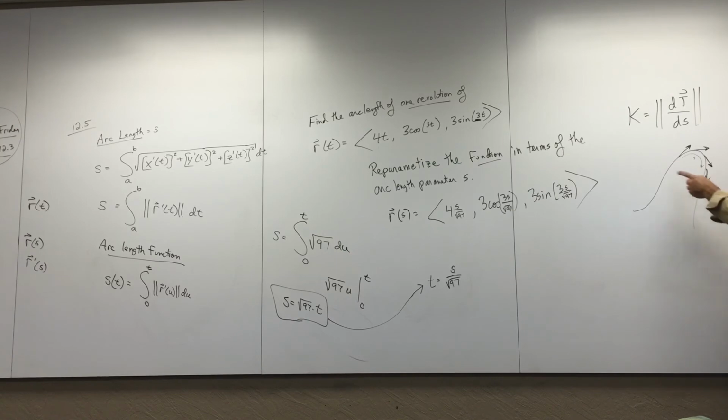If there is a big direction change in a small change in s, then that's big curvature. I'm trying to help you read this and make sense. But like I said, I don't think we're really going to work with that much.